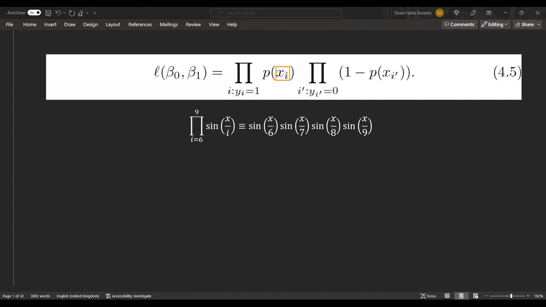We're looking at a data set with 10,000 borrowers. All those observations who did default, whose i corresponds to a yi of 1, and all those observations who did not default.